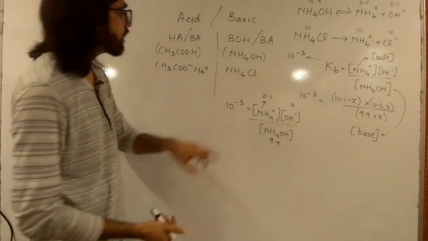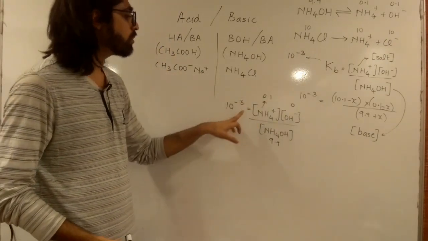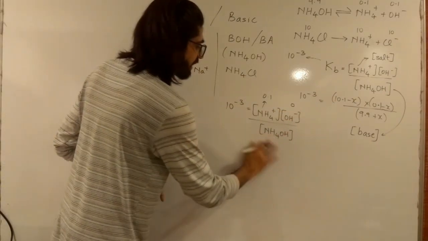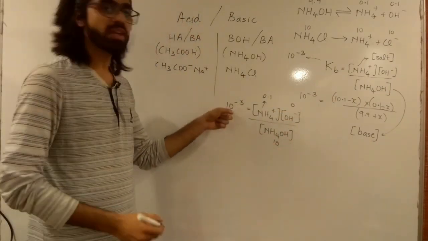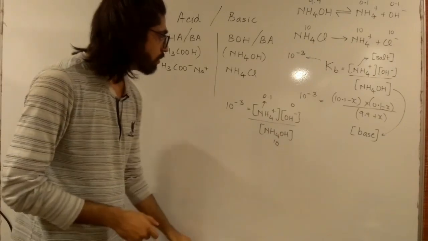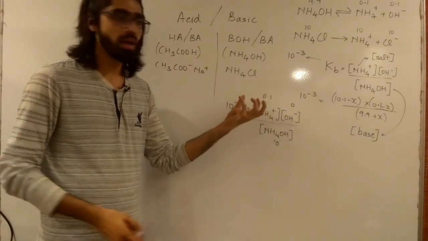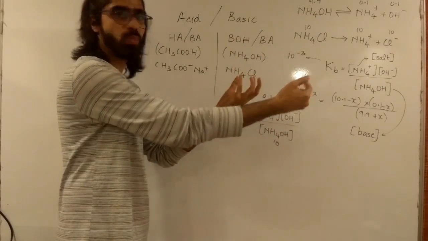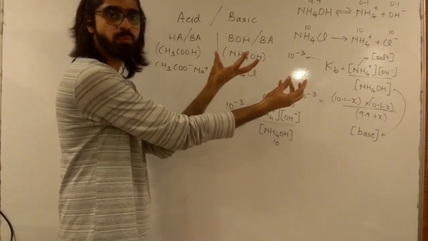0.1. See, initially it was 0.1 into 0.1 giving you 10 power minus 3. Okay, 0.1 into 0.1 upon this was roughly 10, giving you 10 power minus 3. But now because NH4 plus is already 0.1 and is getting generated, it will not be 0.1 into 0.1. This number will be much bigger than 0.1.